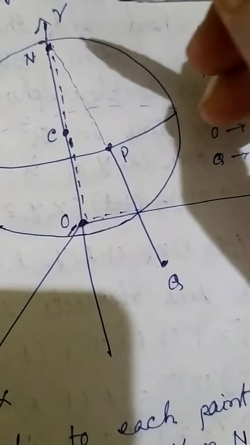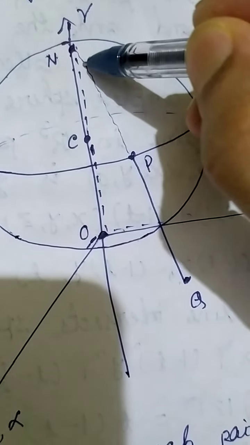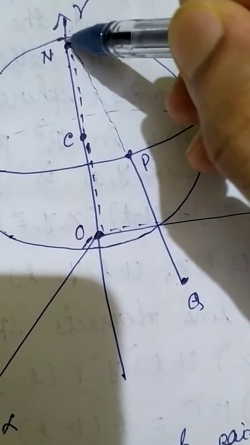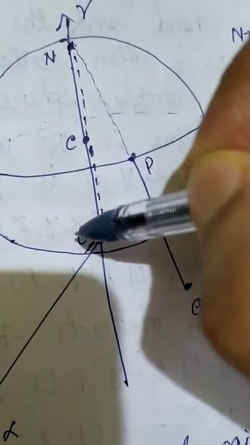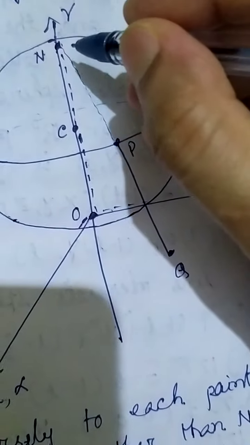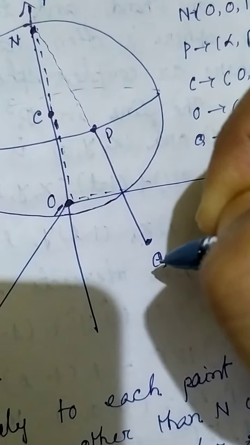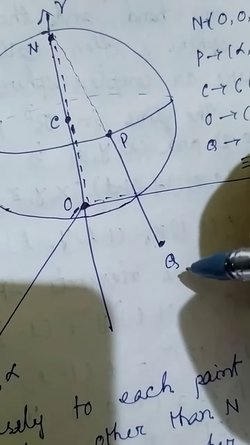Now consider the north pole of this sphere and join it with Q. This is a dotted line because it passes through the inside of the sphere.